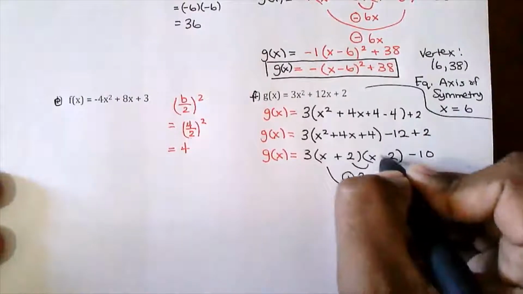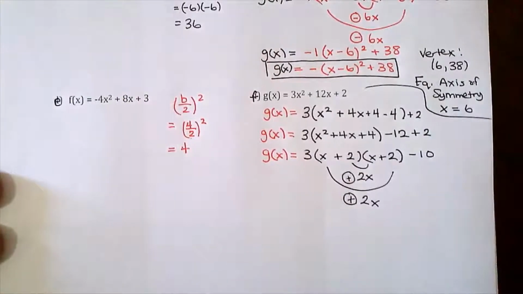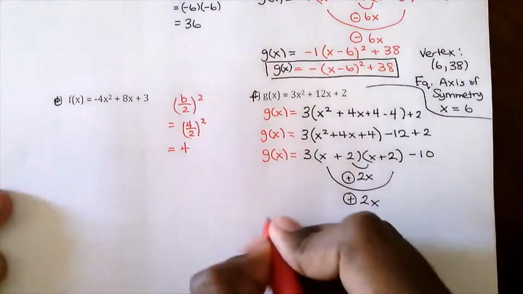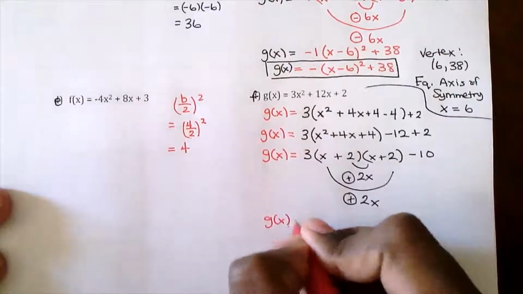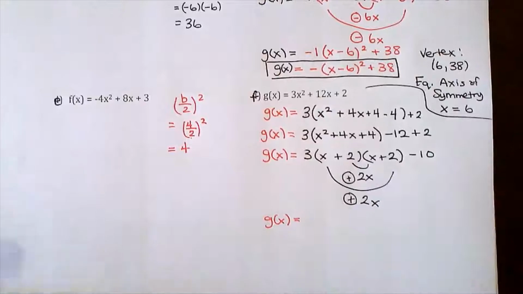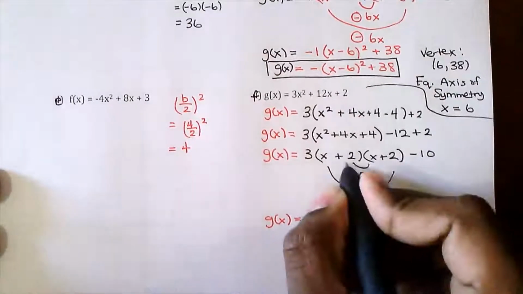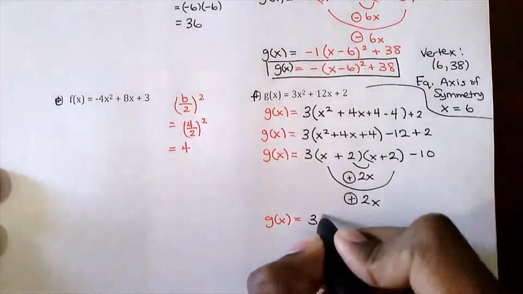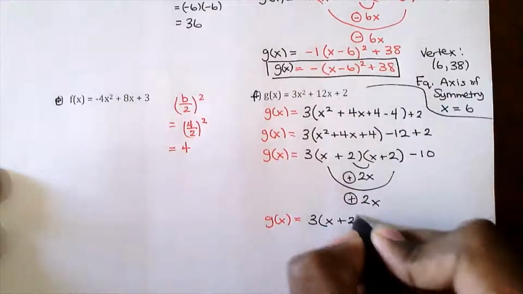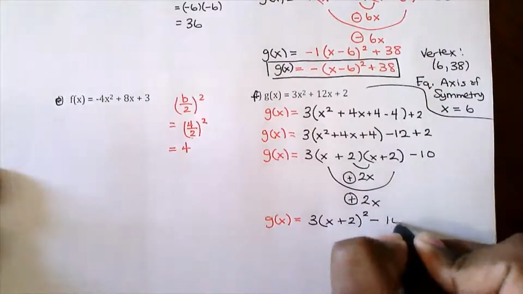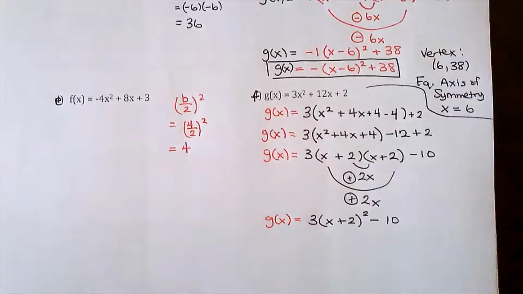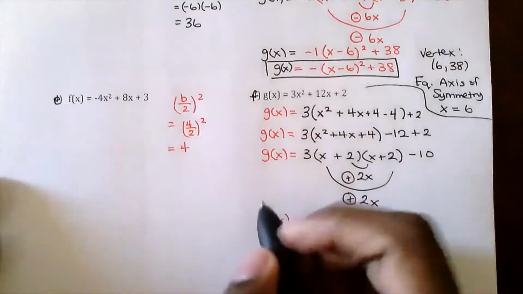So a plus here and a plus there. Again, to write your final answer, copy the 3. These are the same, so you know you're on the right track. I can rewrite them as x plus 2 squared, and then just write minus 10 at the end. And this is your final answer.